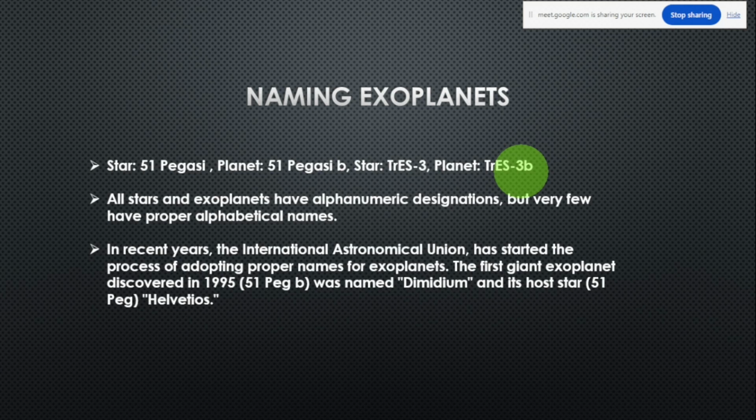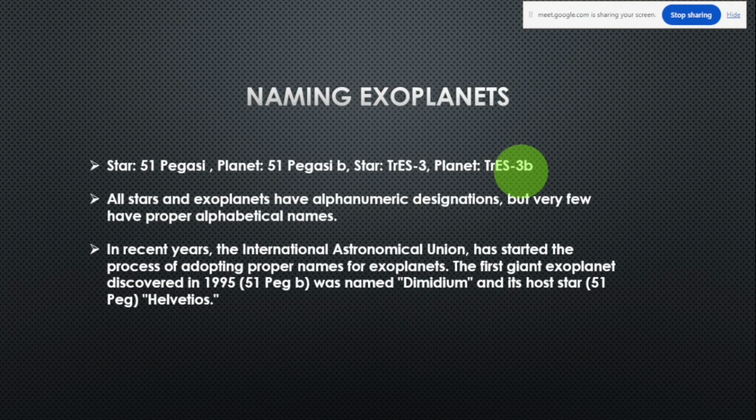However, for exoplanets, it is the responsibility of the International Astronomical Union to give them proper names. It recently started. In recent years, the International Astronomical Union has started the process of adopting proper names for exoplanets.